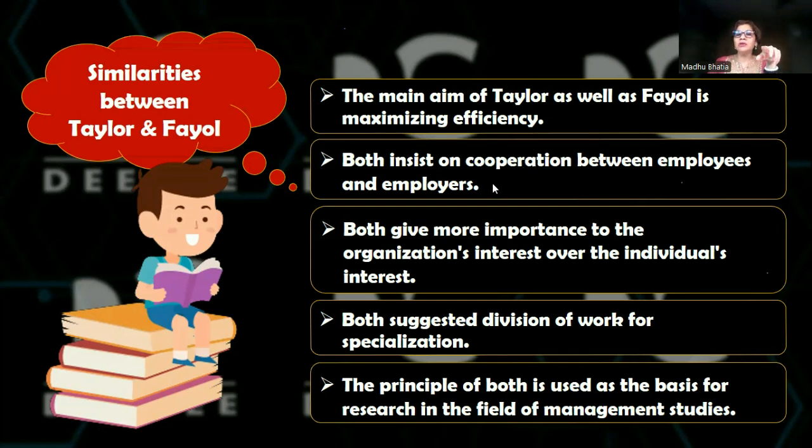Now, when we talk about this, बेटा, यहाँ पे आप अलग-अलग examples दे सकते हो. जैसे अगर हम टेलर की बात करते हैं, तो Taylor has said development of each and every individual to his or her fullest efficiency and prosperity. He is talking about maximizing efficiency. And Fayol क्या कहता है? Fayol is also talking about, how does he talk about maximizing efficiency?